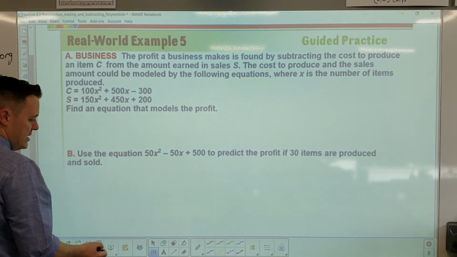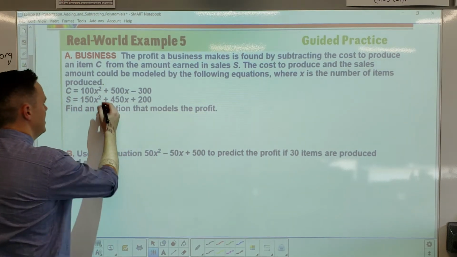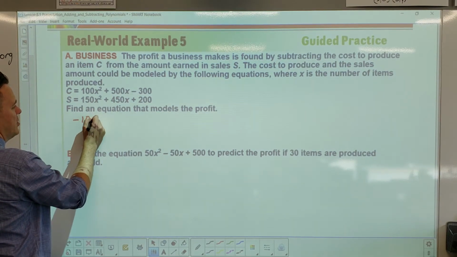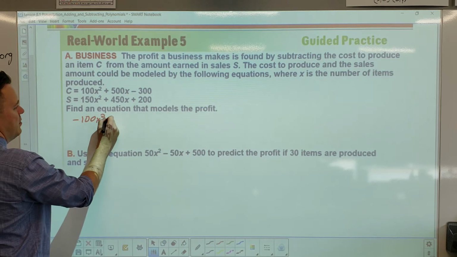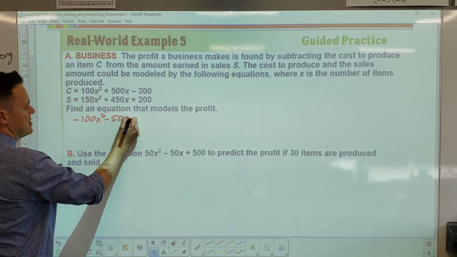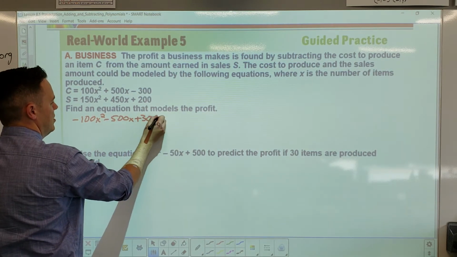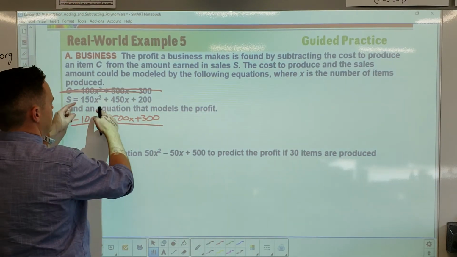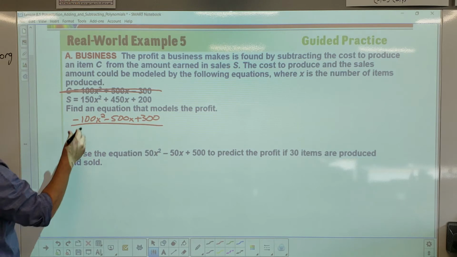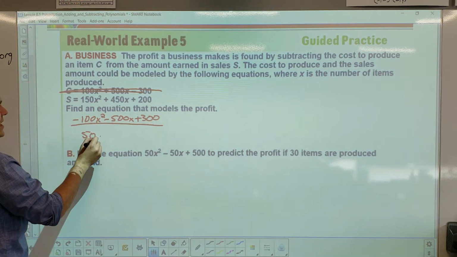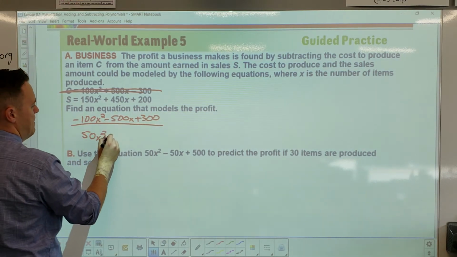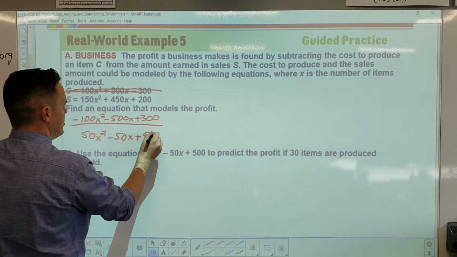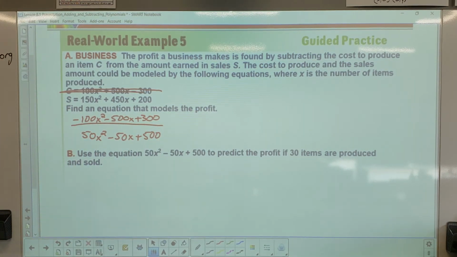So once again, this would have to be put down below. So it would be minus 100x squared minus 500x plus 300. Okay, and what I'm doing is I'm rewriting this equation and subtracting it from s. I'm just leaving the sentence in between. So it would be 50x squared, then minus 50x plus 500, right? So there's your equation. Simple setup, right?